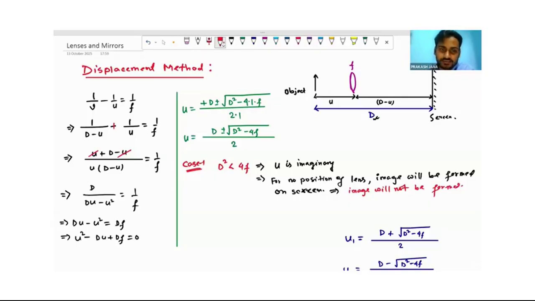Fine. So if d square, that is the distance between the object and the screen, the square of this distance is less than 4 times the focal length of the lens, then there is no possibility of image formation on the screen.